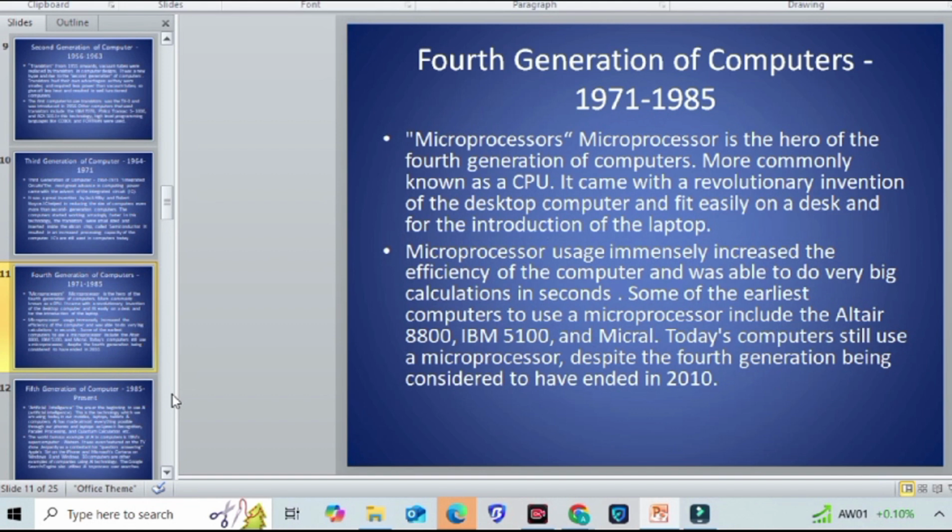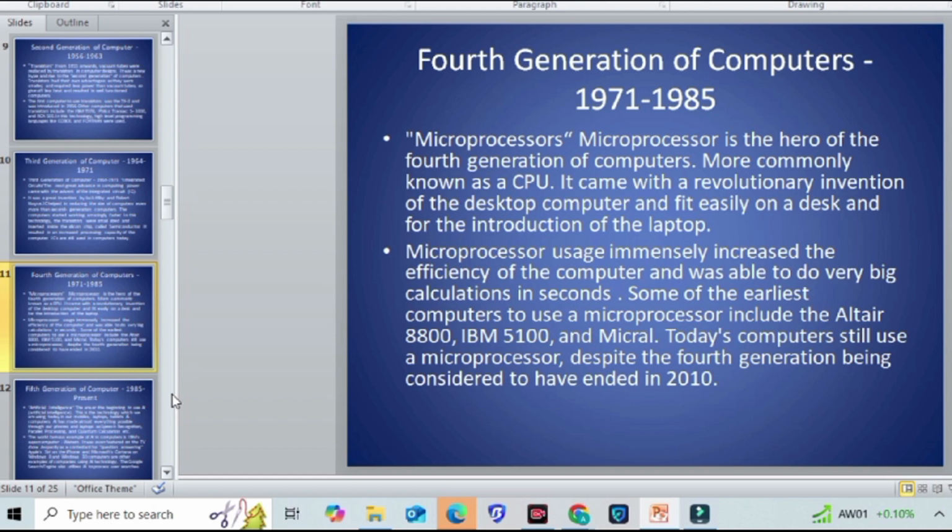Fourth generation of computers, 1971 to 1985, microprocessors. The microprocessor is the hero of the fourth generation of computers, more commonly known as a CPU. It came with the revolutionary invention of the desktop computer, which fit easily on a desk, and led to the introduction of the laptop.